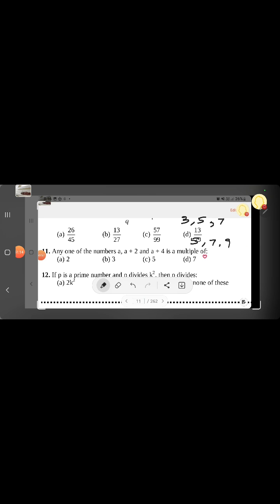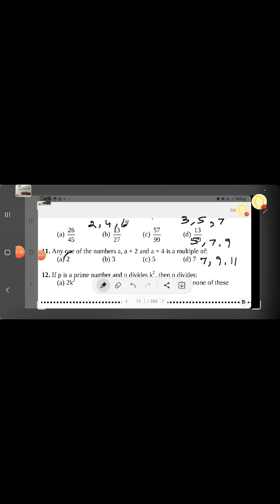They are not multiples of 5. 7, 7 plus 2 is 9, 7 plus 4 is 11. So the numbers are not multiples of 7. So the only answer here is that any one of the numbers a, a plus 2, a plus 4 is a multiple of 2. When you put 2 here, this becomes 2, 4 and 6. So they are multiples of 2.